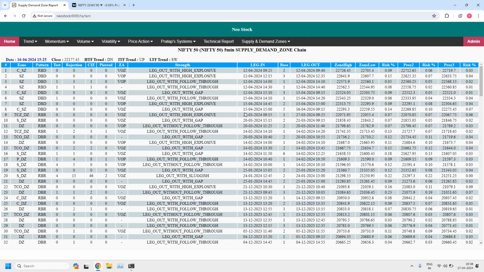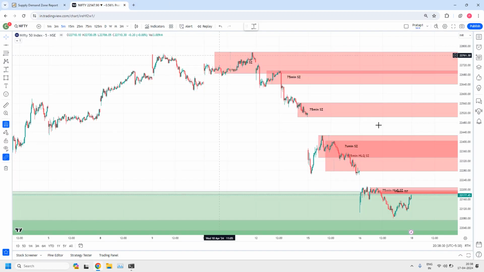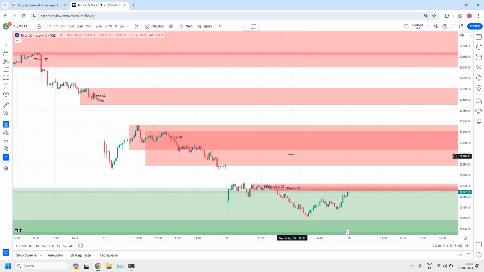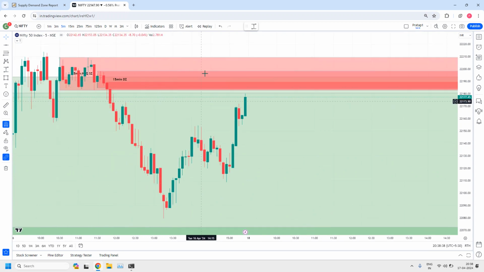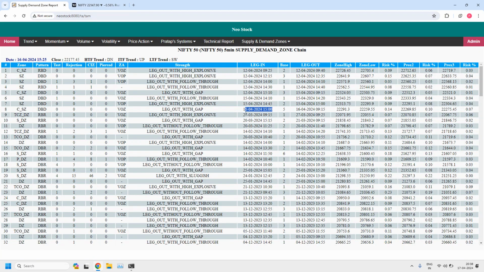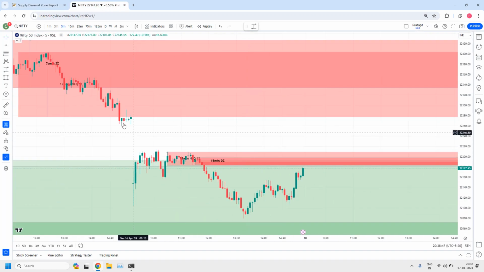That is the 15 minutes candle, 5 base candles. This is the one. Drop, 1, 2, 3, 4, 5 base candles, drop.